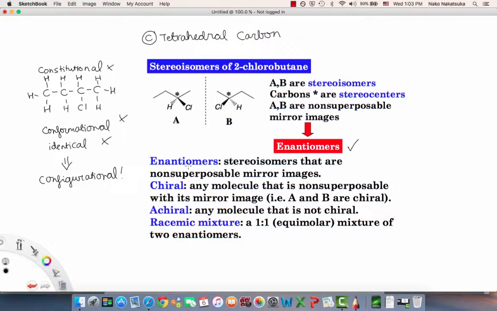So if it doesn't have a chiral center or a stereocenter, then it's going to be an achiral molecule. Again, just to remind you guys, a racemic mixture is a 1-to-1 or equimolar mixture of 2 enantiomers, just like we mentioned before. And so that concludes our history part, and now let's move on to naming the different stereoisomers.